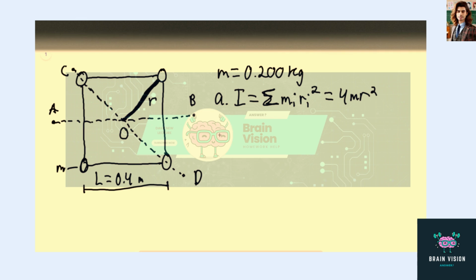And at this point, we can say that r is going to be equal to, due to Pythagoras' theorem, the square root of 0.2 squared plus 0.2 squared. And this is going to equal 0.2828 meters.